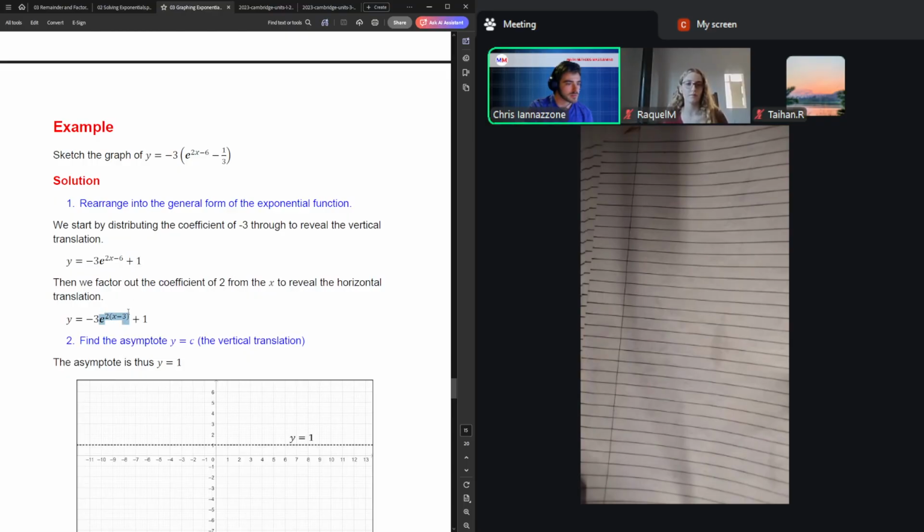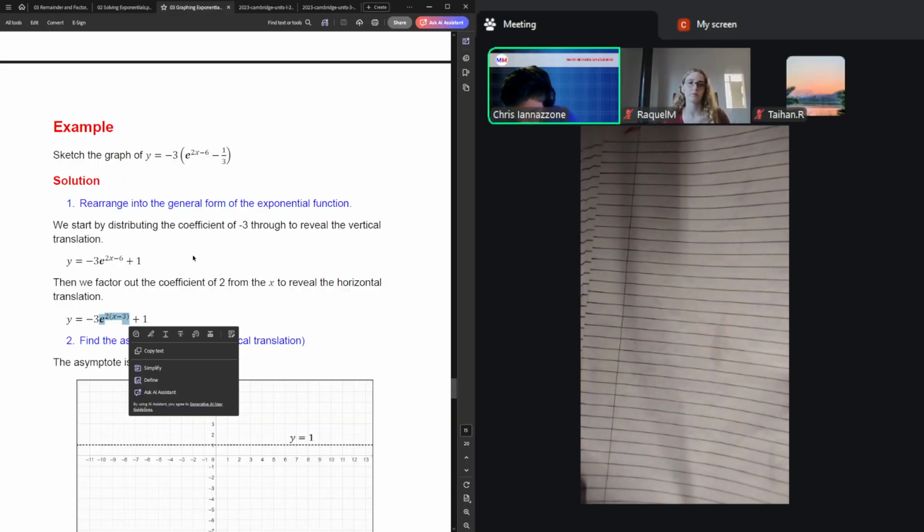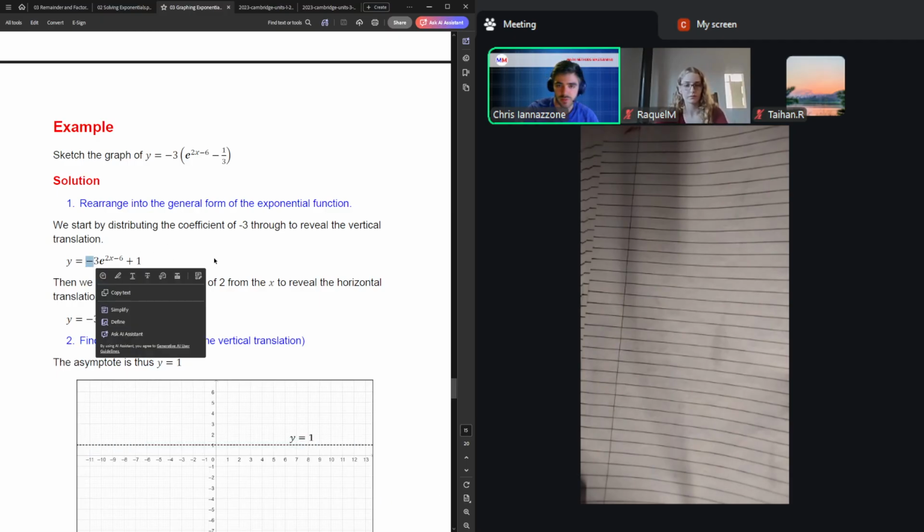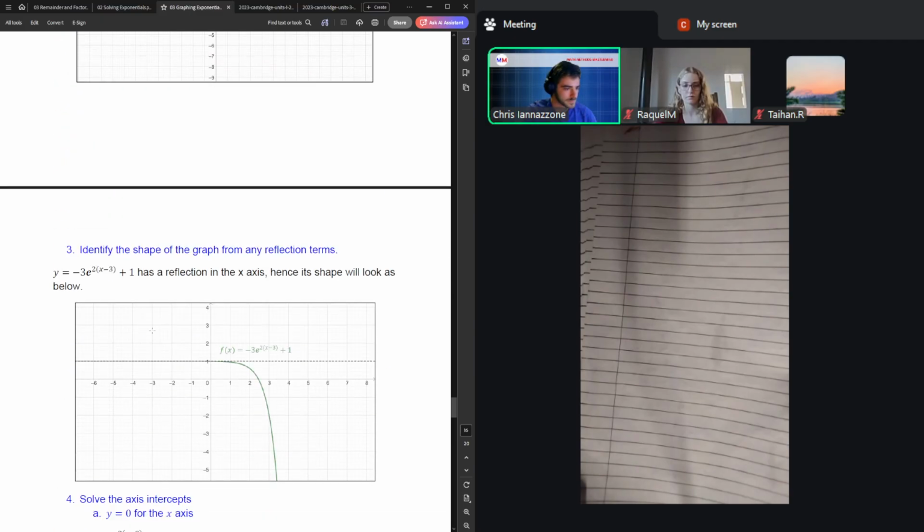It's at this point you could probably stop. You don't have to go a step beyond, because I already mentioned that horizontal translations don't really do anything beyond the math of how you would solve things. So really all you care about here is going to be the +1, which gets you your asymptote, and this negative sign, which will play a role in reflecting the graph. The basic exponential goes up and right, as long as it has a base greater than 1, of which e does.